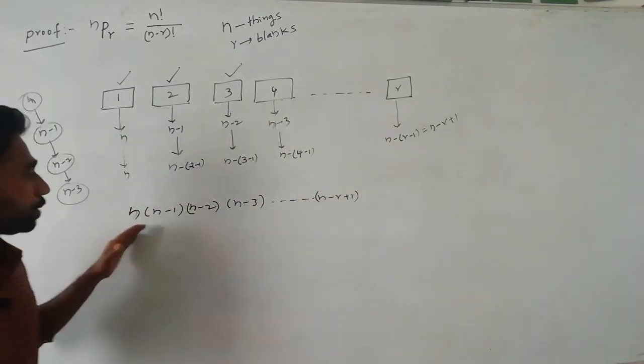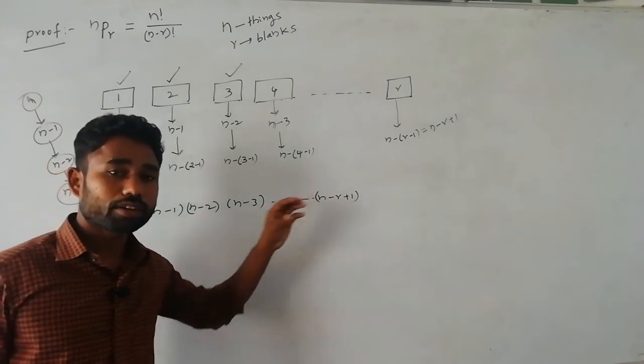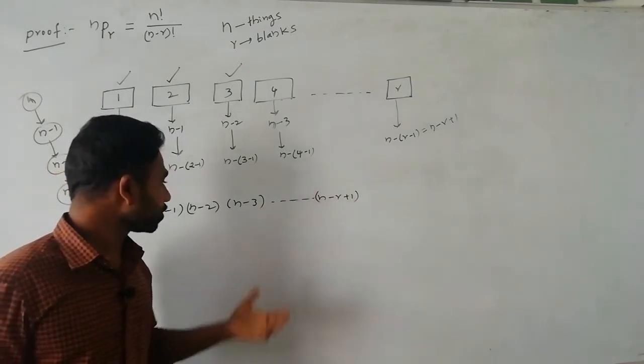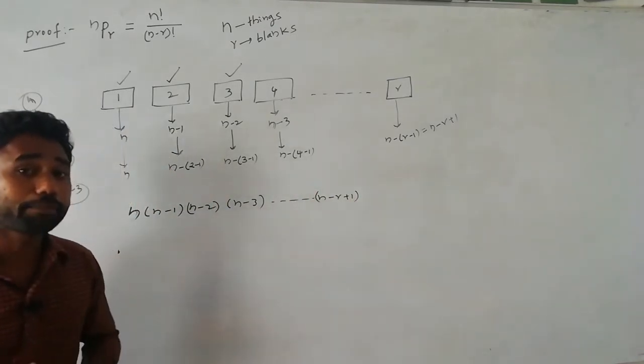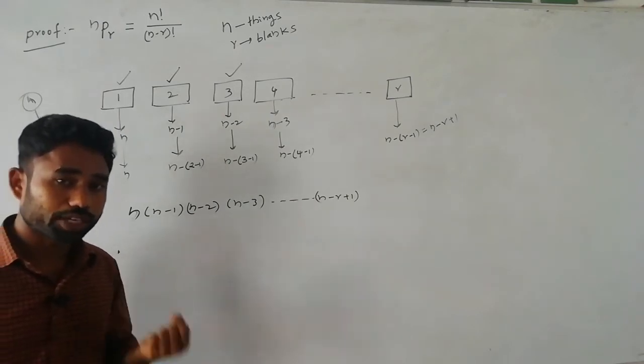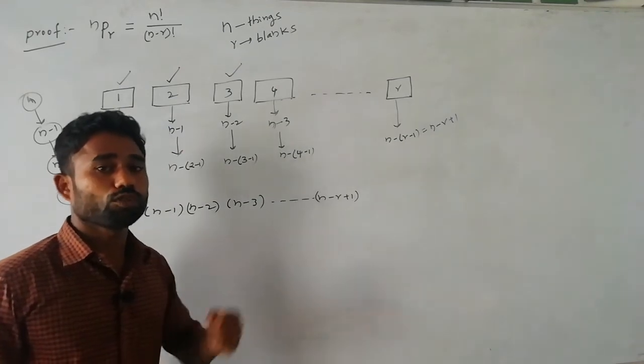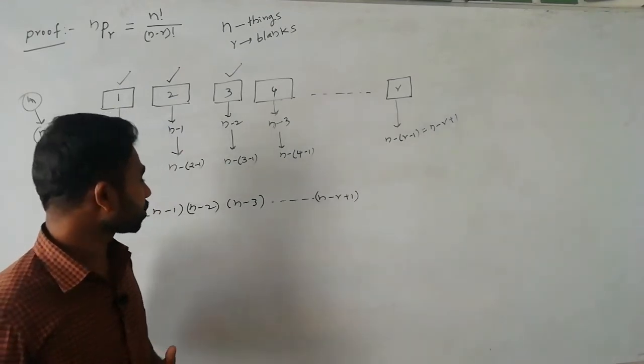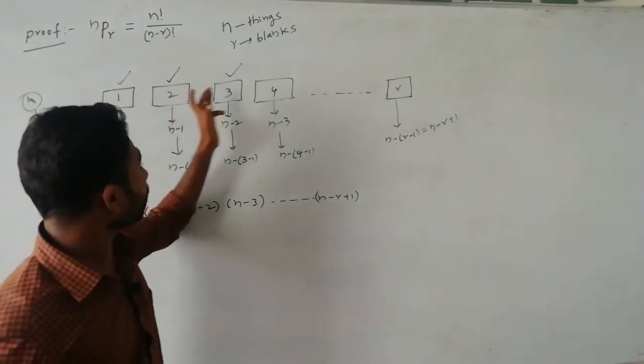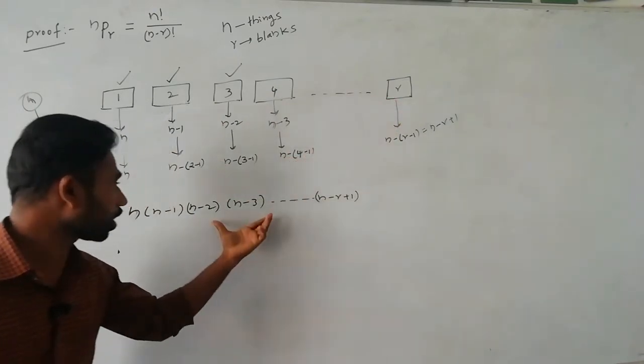Why should we multiply? Based on the fundamental counting principle, 3 observations in the product gives 3 numbers, 4 observations gives 4 numbers, 5 gives 5 numbers, r observations gives r numbers.